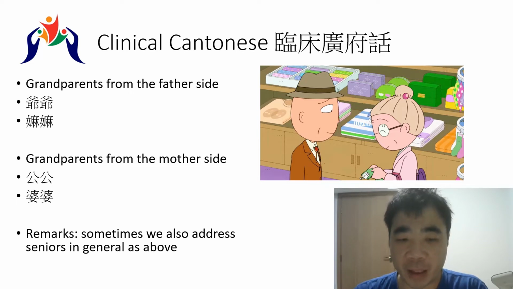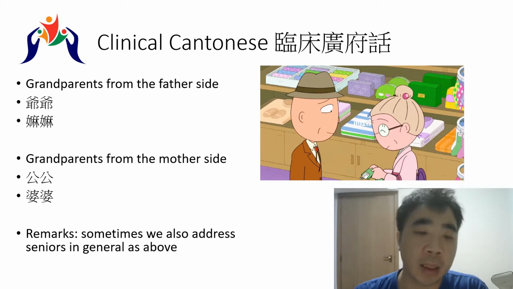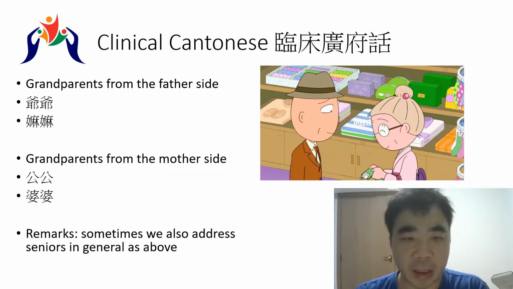For the grandparents from the mother side, we address them as 公公婆婆. In Mandarin, they say a little bit differently. They say 外公外婆, but in Cantonese we say 公公婆婆, slightly different.